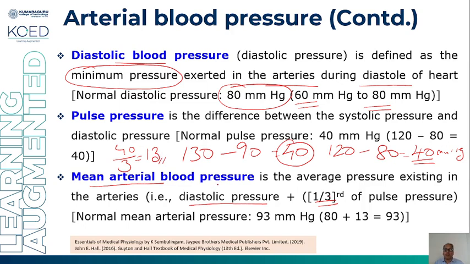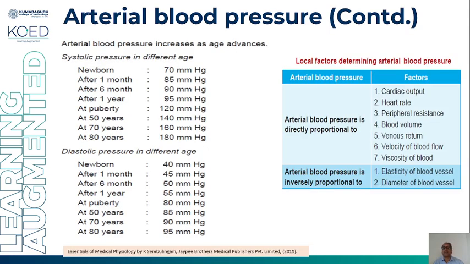You see what the recorded diastolic pressure is. You add both. If the diastolic pressure is 80, and you add one third of the pulse pressure, 13, you will get 93. Usually we won't consider pulse pressure and mean arterial pressure much. We bother about systolic and diastolic arterial blood pressure.